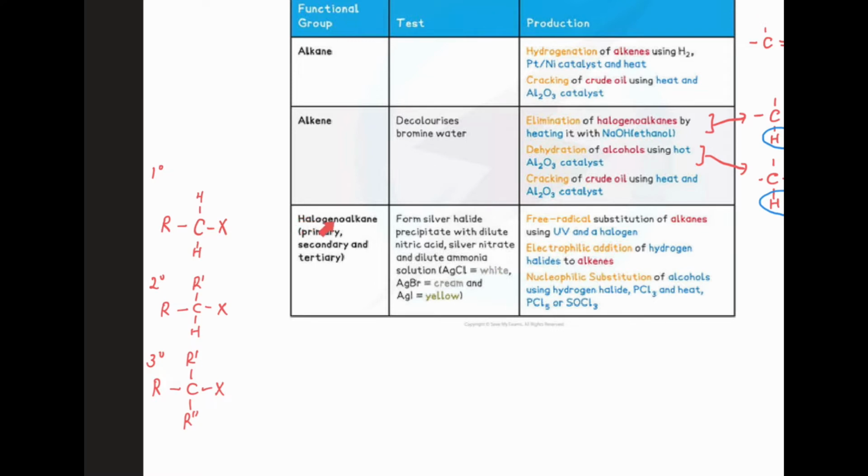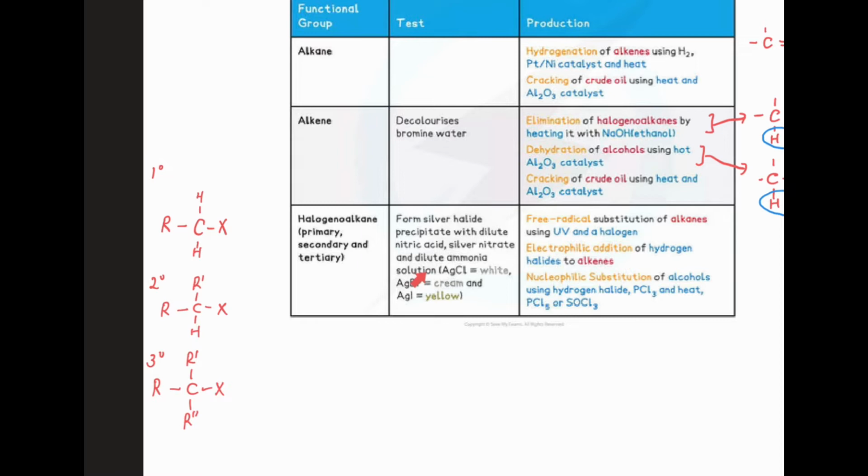If you are using bromoalkane, they will form silver bromide, which is cream in color. If you are using iodoalkane, they will form silver iodide, which is yellow. Once they form the precipitate, you add dilute ammonia solution to check their solubility.